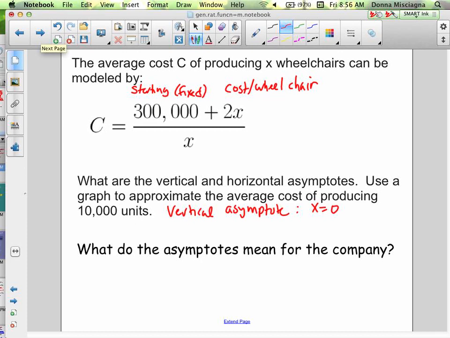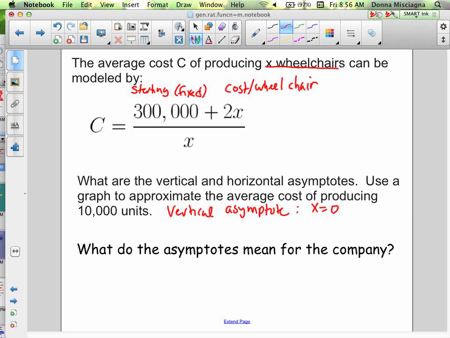So x refers to the wheelchairs. What do you think the vertical asymptote of 0 means? They can't produce 0 wheelchairs, right?